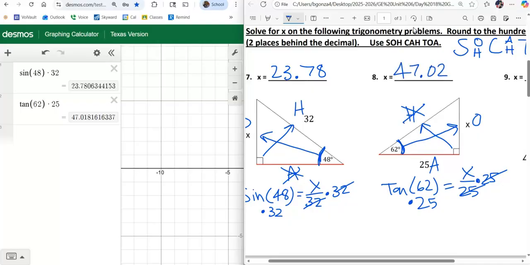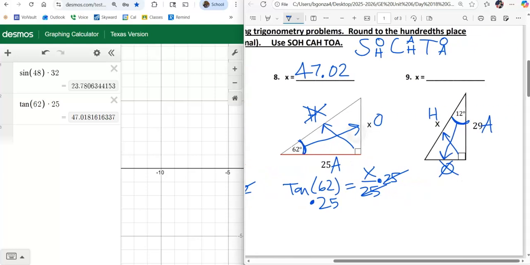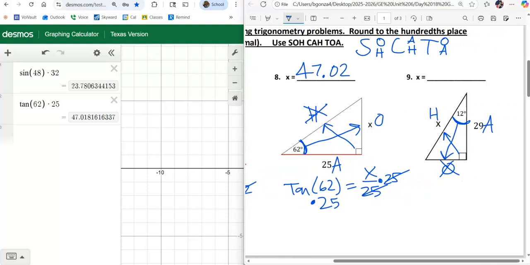Number 9. All right, number 9, you have AH, which is cosine. So cosine of 12 degrees equals A over H. Now, notice A is 29, H is X. So this is that situation when X is on the bottom. And we said when X is in the denominator, our little trick is you take the left side of the equation and that denominator, and they can switch places.